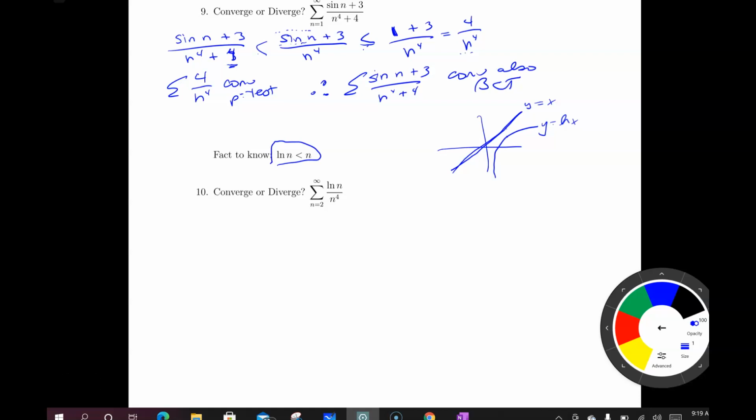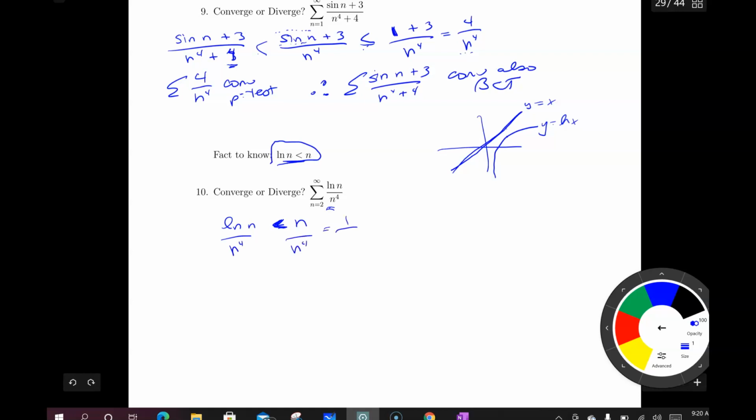So if I had something like this, other times I've said when you see ln's, integral test is good to use, but I can see I can't do the integral of that. A u substitution's not going to work, right? So that's why I'm going to use this as a starting point. I'm going to write down ln of n is smaller than n, right? Now I'm going to build this by dividing both sides by n to the 4th.